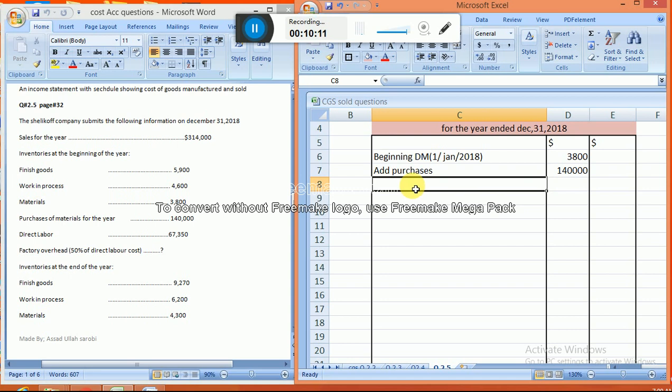So how much is now the total material available for use? What we will do on the material? Automatically we will use these materials.